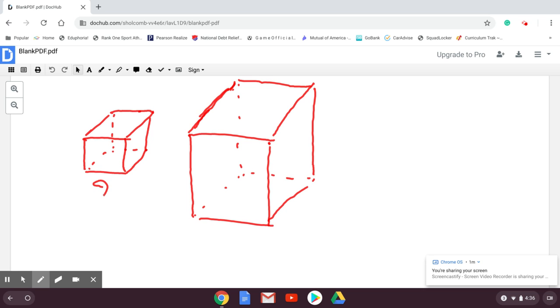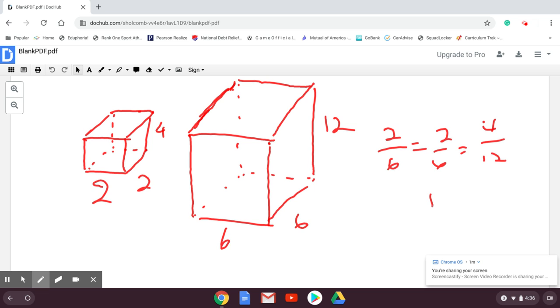And so if we have 2, 2, and 4 for height, we might have 6, 6, and 12 for height. Okay, well, the scale factor should be obvious. 2 to 6 is equal to 2 to 6, which is equal to 4 to 12, but the actual scale factor is 1/3.